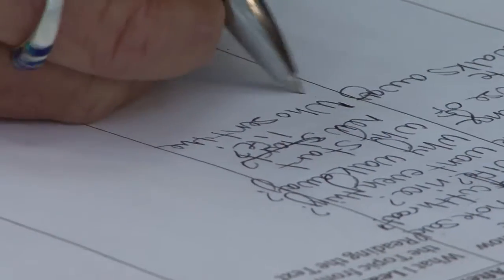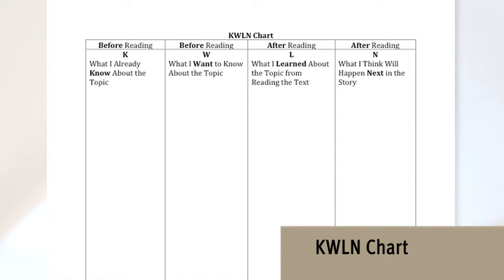All right. Research tells us that people understand, process, and remember new information better when they can relate it to information they already know. Using a KWLN chart is a way for learners to improve their comprehension by connecting new ideas and information to their current knowledge base.